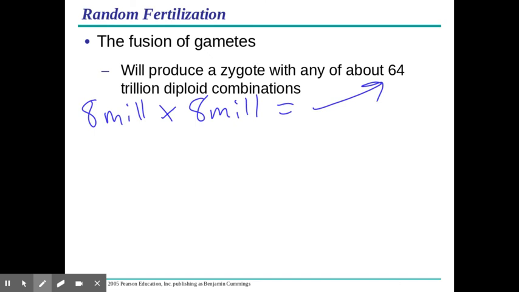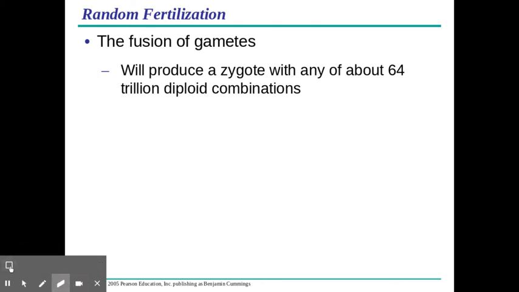Crossing over exchanges material in the homologous chromosomes from mom and dad, essentially creating brand new chromosomes that have never been seen before. And then we have random fertilization, where any sperm could fertilize any egg, and that creates over 64 trillion different possibilities. So crazy amounts of variation from essentially sexual reproduction and meiosis.